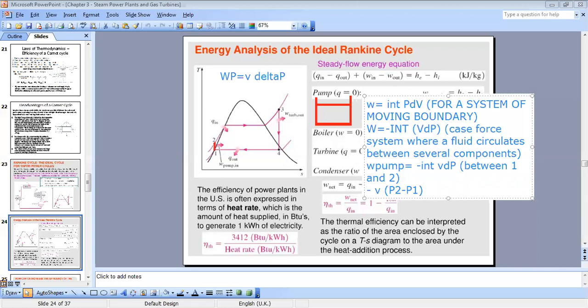So this will give me a negative result, and I want this because my definition for work is to count it as negative if it's provided to the system, and to count it as positive if it's produced by the system. Okay, so for the work of the pump, you can find it by simply saying that an absolute value is equal to V times delta P. Okay, I will open a new session to continue.